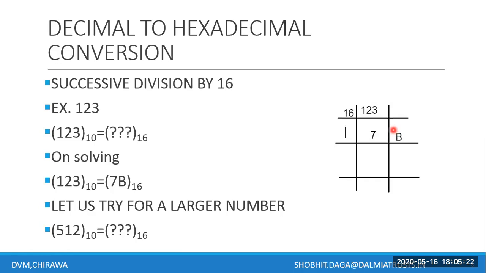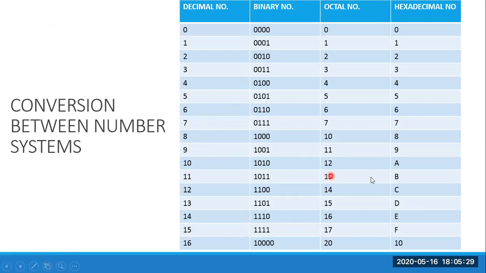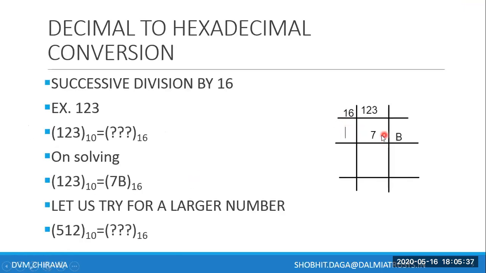But as we have already looked at before, 11 is represented with the help of B. The letter B of the hexadecimal number system represents 11 of the decimal number system. As the remainder 11 is a decimal number, but we need our values to be shown in hexadecimal, all we will do is place B over here to make sure that the entire number is in hexadecimal format.